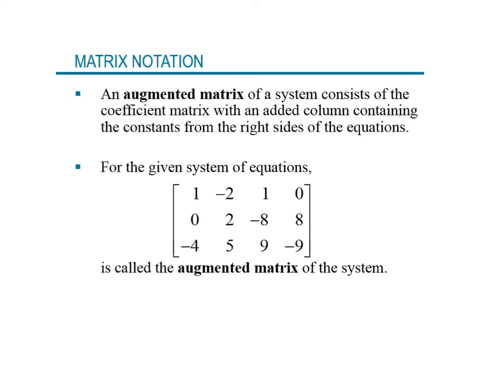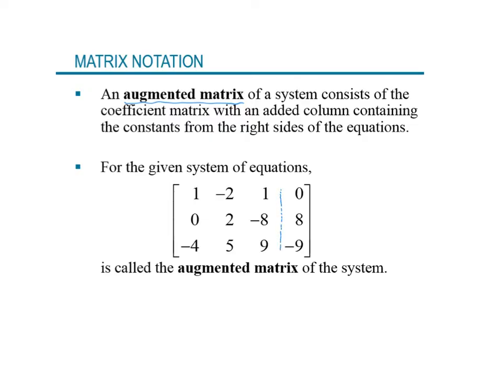Now that contrasts with the term augmented matrix. Okay, in an augmented matrix, we tack on the constants from the right-hand side of the equation. So if you want to flip back in the video a few seconds, the right-hand side of each of those three equations: 0, 8, and -9. And what you will often see is a dotted line.